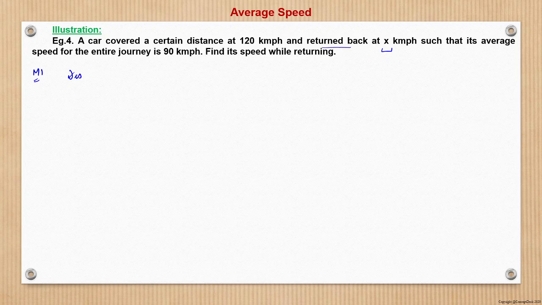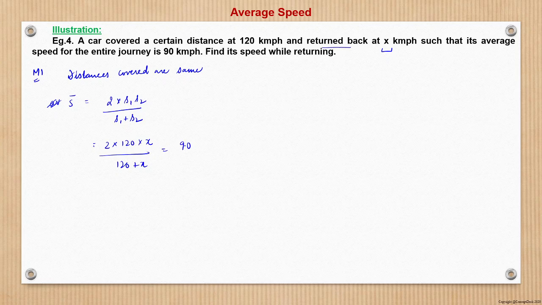So distances covered are the same. So we can say that average speed, which is denoted by s bar, we can write as 2s1s2 upon s1 plus s2. So that we can write as 2 into 120 into x upon 120 plus x, and that is in turn given as 90, right?